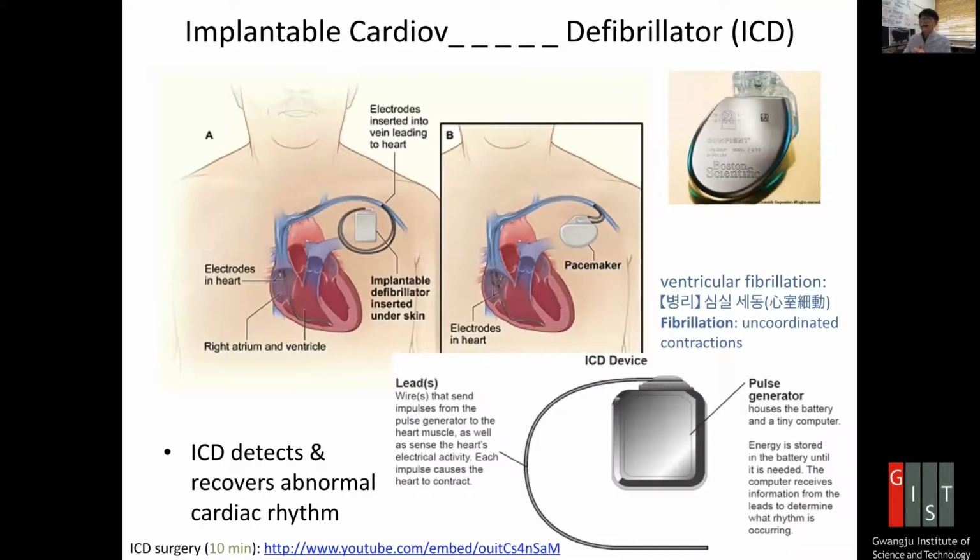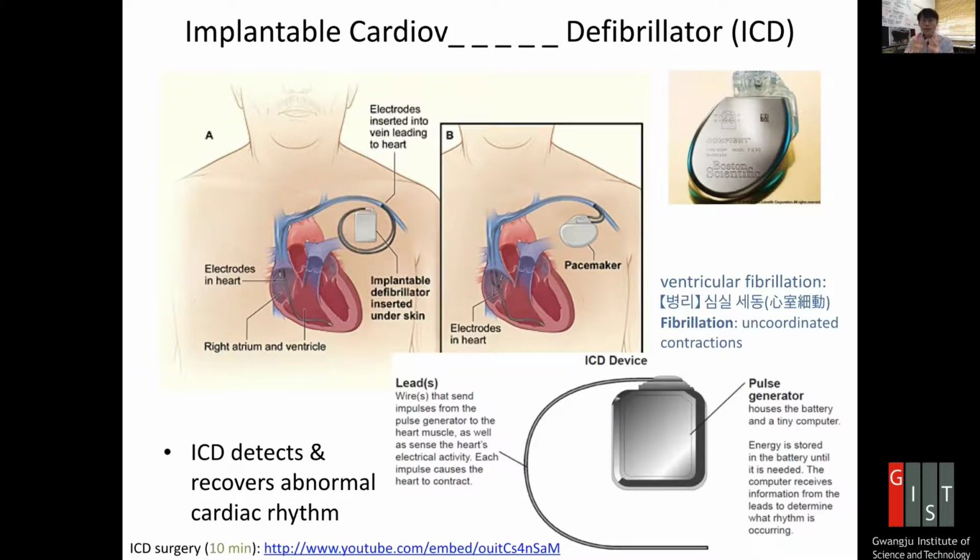There are patients with this arrhythmia condition who have a tendency to enter into a real uncoordinated contraction, which means the ventricle has to pump in this way, but if it doesn't do this job in a coordinated way, then your heart cannot pump. And that's a medical emergency, which can be fatal.